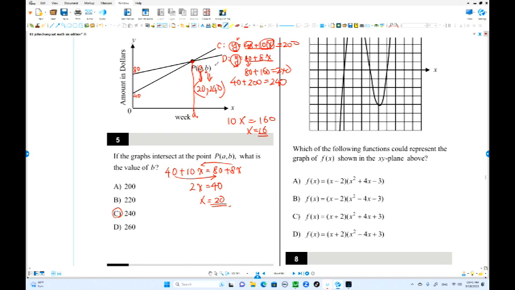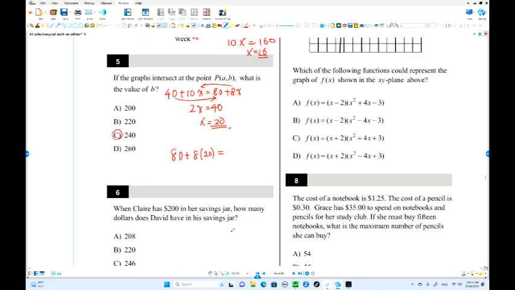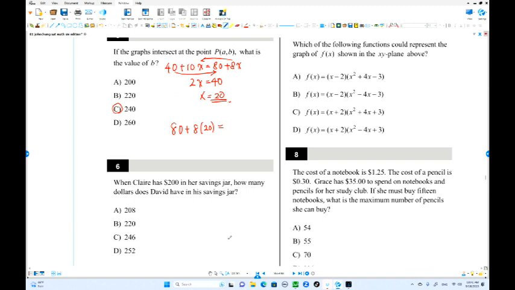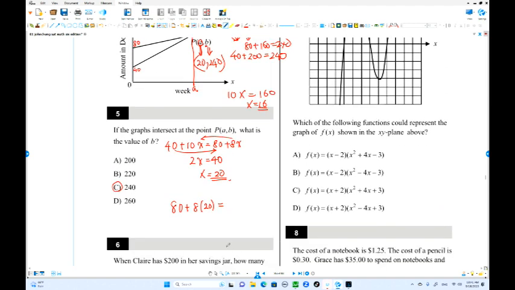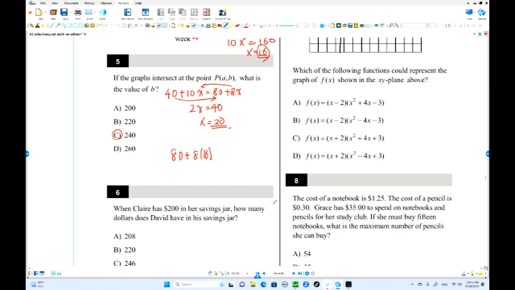Well, how much did David save? So 80 plus, I'm going to write down over here, 80 plus 8 times, David is, I'm sorry, this is 16 weeks.